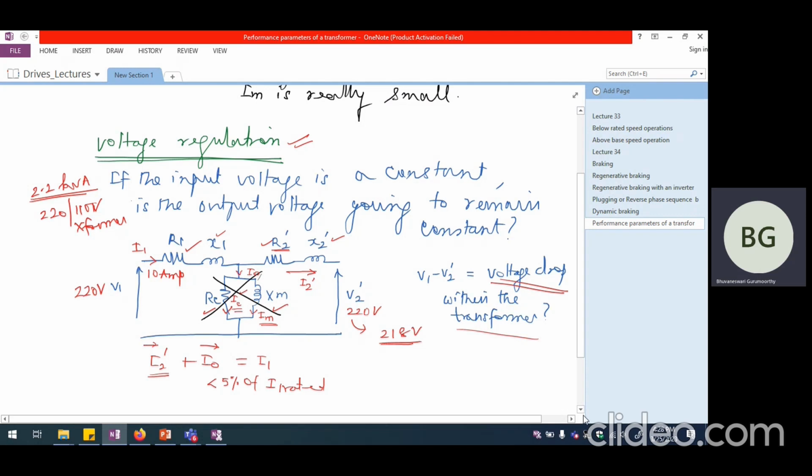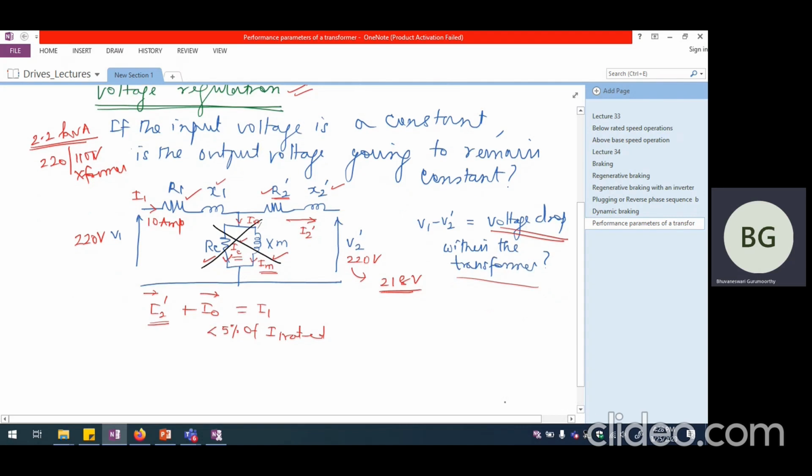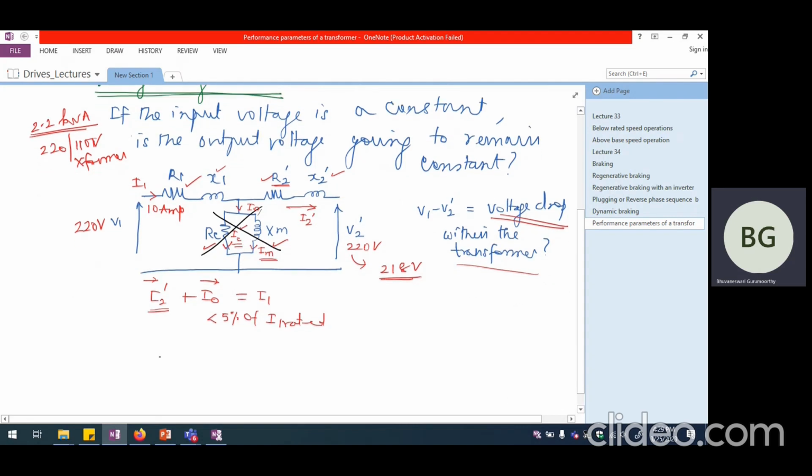We can neglect it. So on the whole, if I try to look at the transformer without the parallel parameters, we are going to have R1 and R2 dash, and we will have X1 here and X2 dash here.